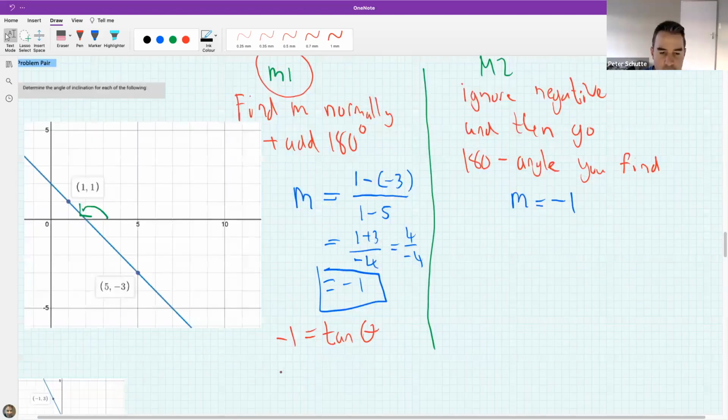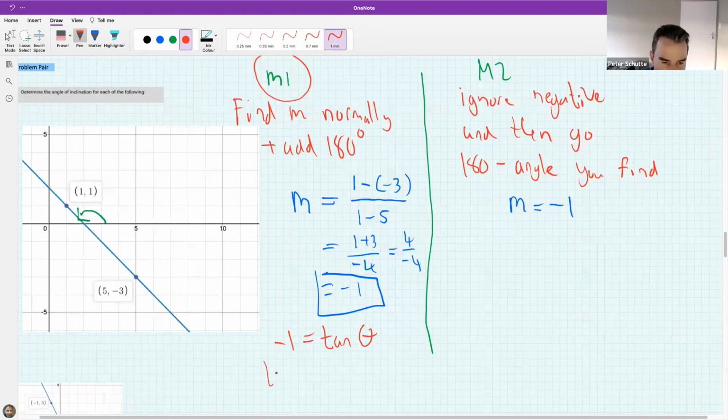And you then go shift, so that you then go tan⁻¹ of -1, you're going to get, I suspect, -45 degrees. Whereas if you ignore the negative and just leave it as m = +1, then, in fact, before I even do that, let me first finish this method.